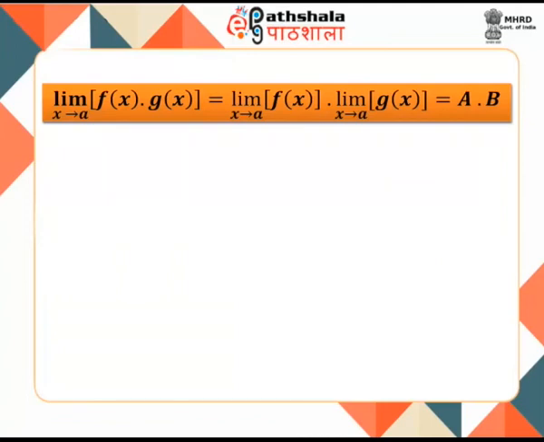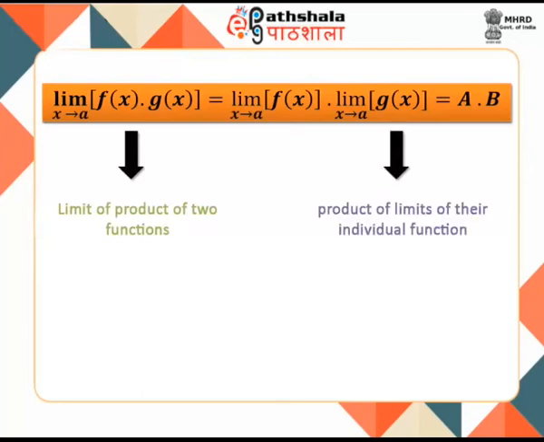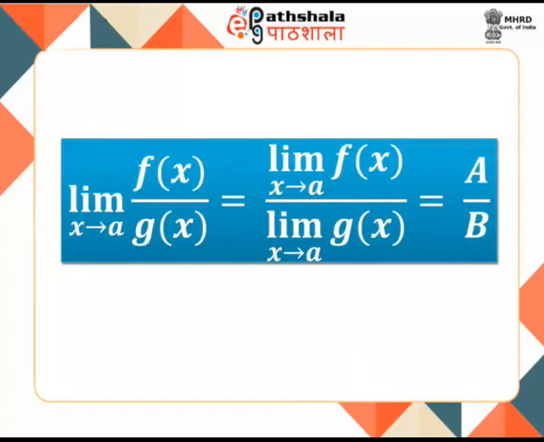Limit as x goes to a of f(x) times g(x) is equal to limit of f(x) times limit of g(x), which is A times B. Limit of product of two functions is the product of limits of their individual functions. Limit as x goes to a of f(x) upon g(x) is equal to limit of f(x) divided by limit of g(x), which is A upon B, provided B is not equal to 0.